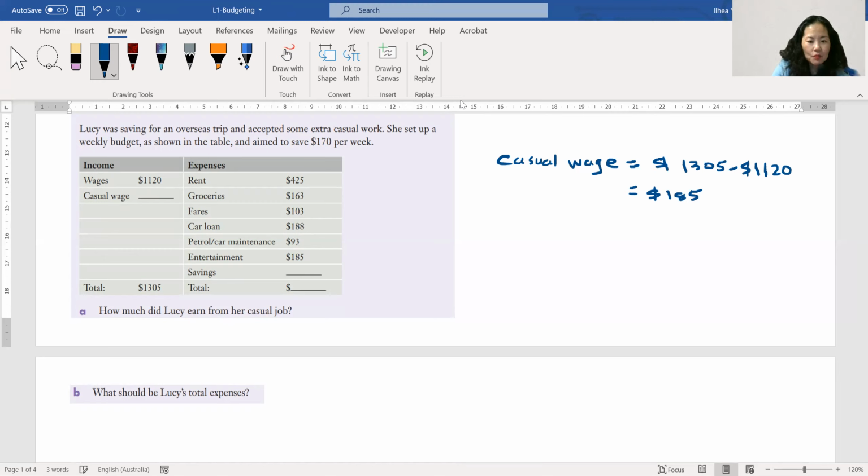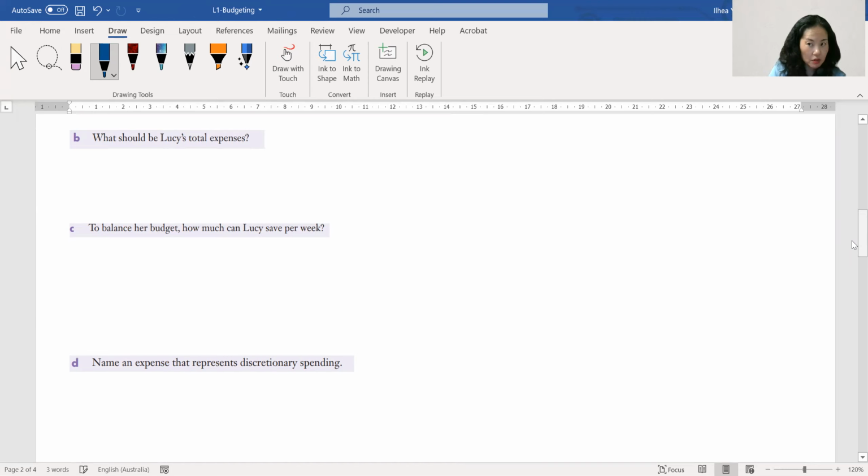And next one, part B, what should be Lucy's total expenses? Okay, total expenses. Now, it's not a tricky question, but it can be a little bit misleading.